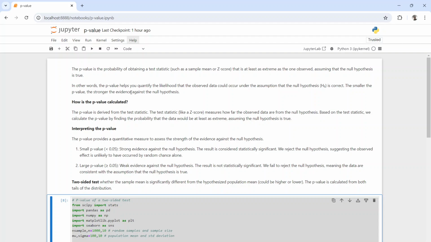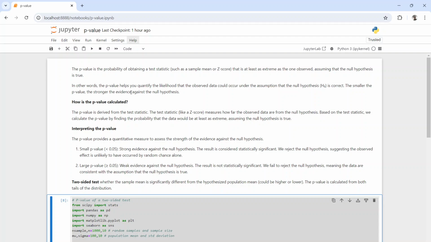So the p-value basically provides a quantitative measure of the strength of the data's evidence against the null hypothesis. If you have a very small p-value of less than 0.05, it suggests very strong evidence against the null hypothesis. The result is therefore statistically significant, and we thus reject the null hypothesis, suggesting the observed effect is unlikely to be due to random chance alone.